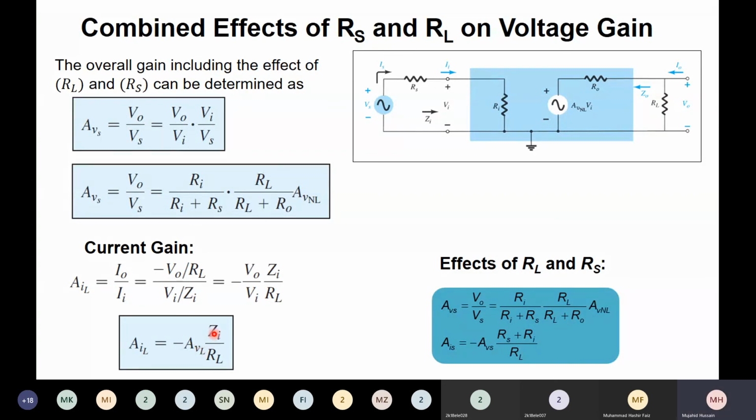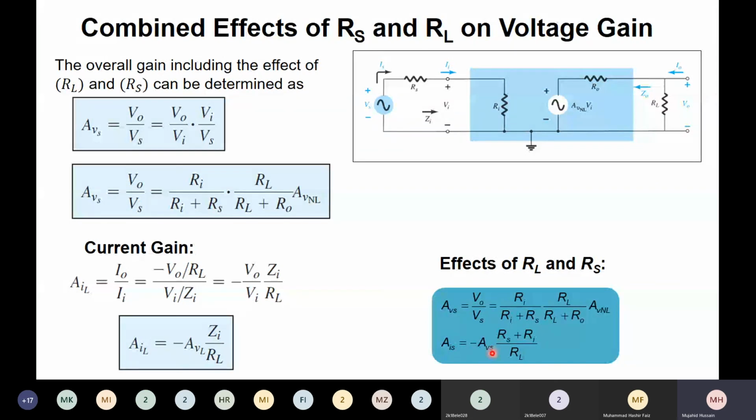And this is the current gain without considering the effect of RS. If you consider the effect of RS on the input side of the transistor, then you add these two resistances, Rin and RS, and write it instead of Zi. You can see over here.